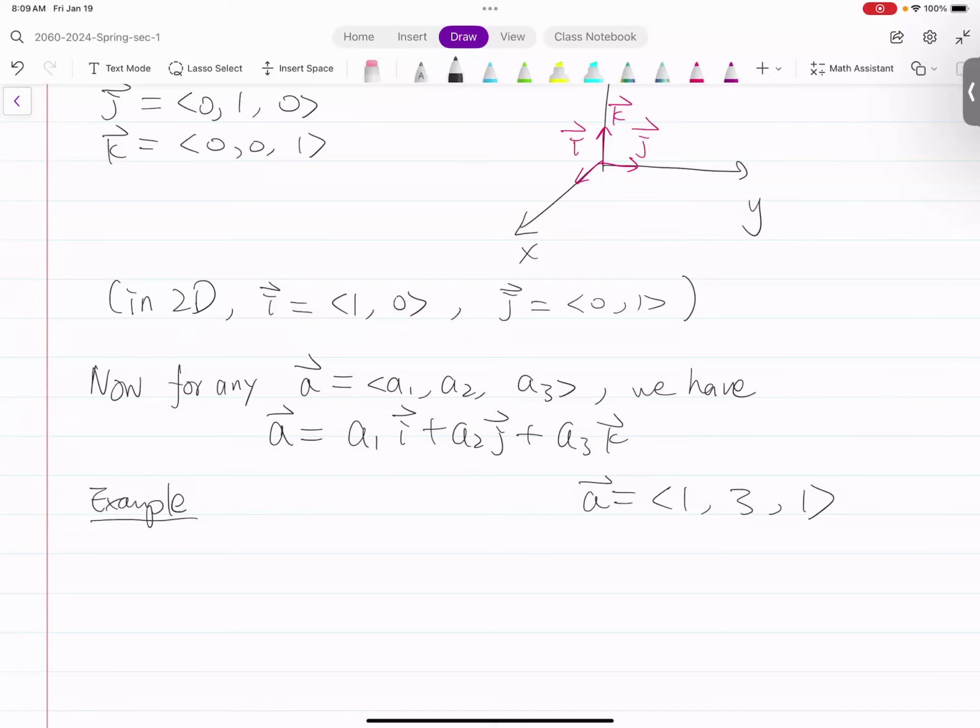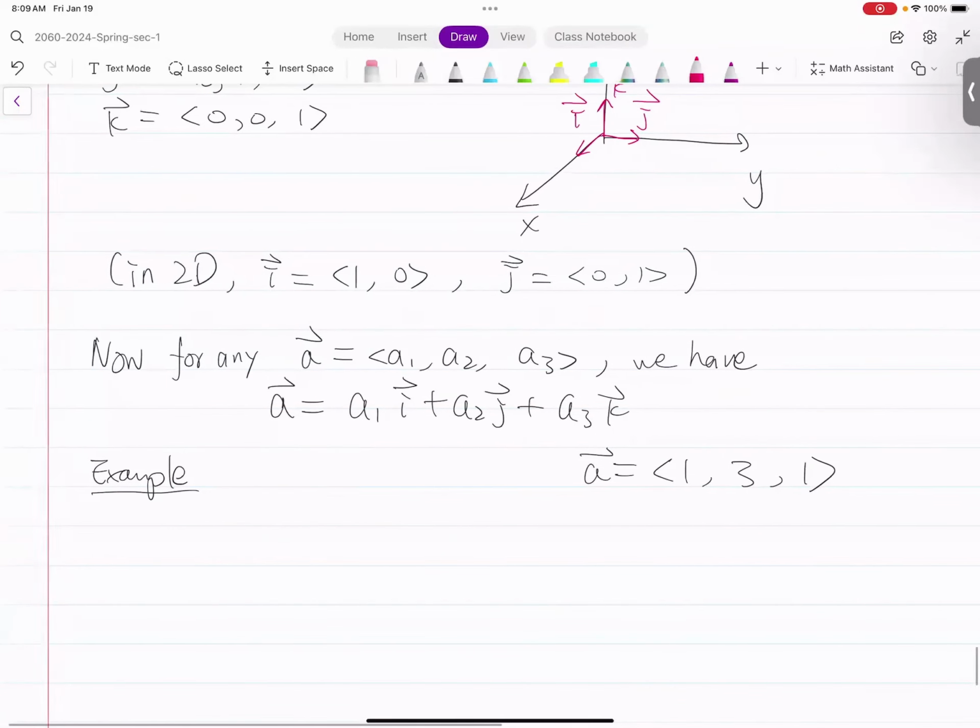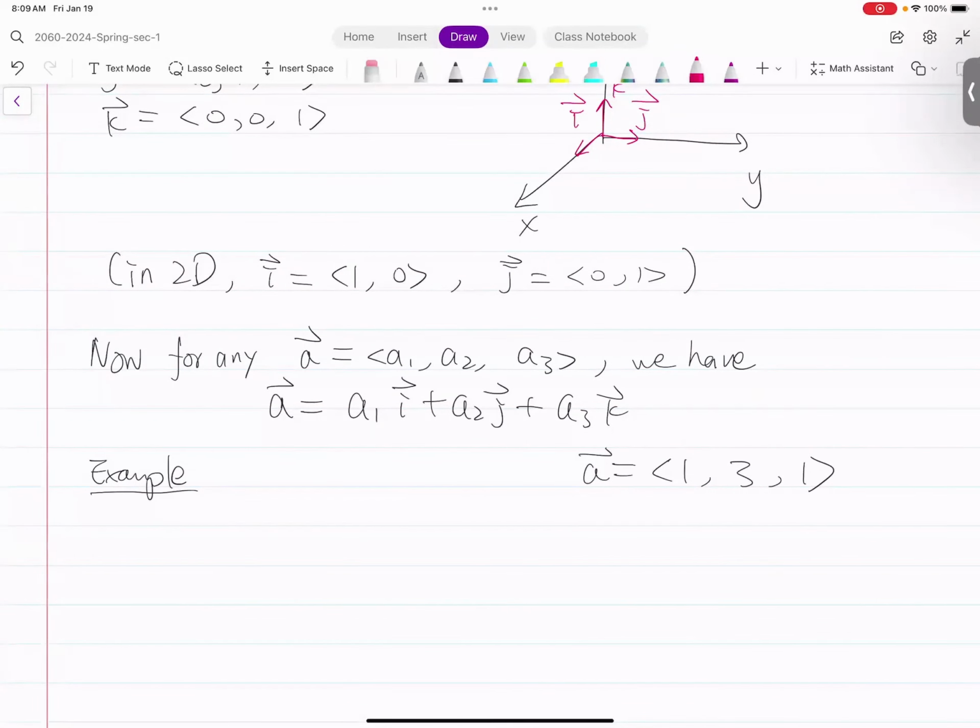This is saying I'm going to move along the x direction for 1 unit, then 3 along the y direction, and 1 along the z direction. I'm going to do the dashed lines in red. So I have 1 unit towards myself, 1 unit upwards, but 3 units to the right along the y direction. So that's 1, that's 1, that's 3.